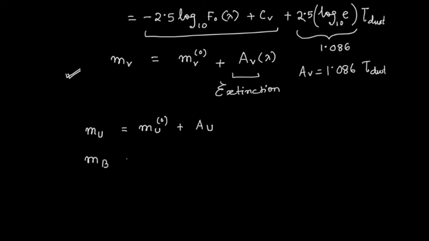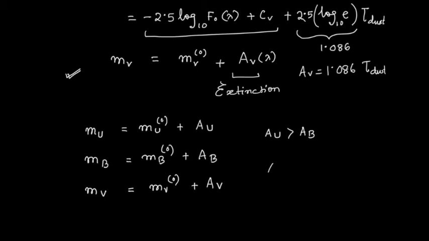When I measure it in the blue band, and when I measure it in the visible or the yellow band, it turns out that AU is greater than AB and AB is greater than AV.